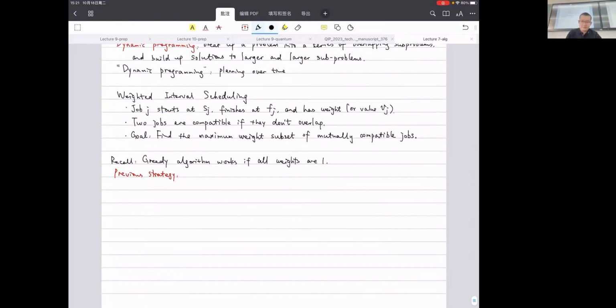For the interval scheduling problem, we have seen a lot of different greedy strategies that actually fail. So we have a specific design here: for the greedy strategy for the interval scheduling problem, we consider jobs in ascending order of finishing time.